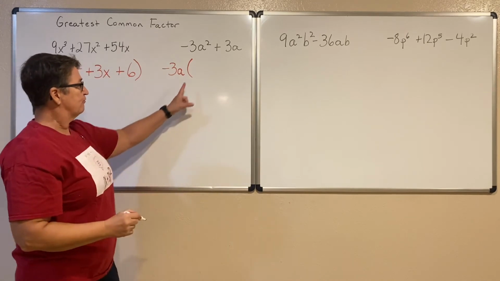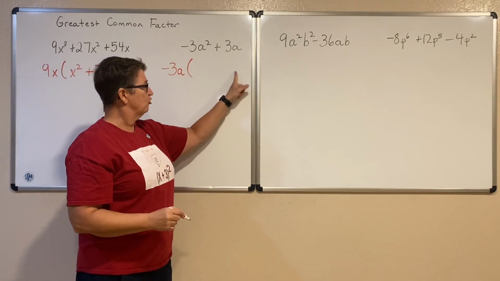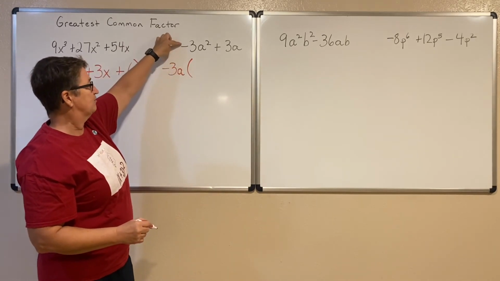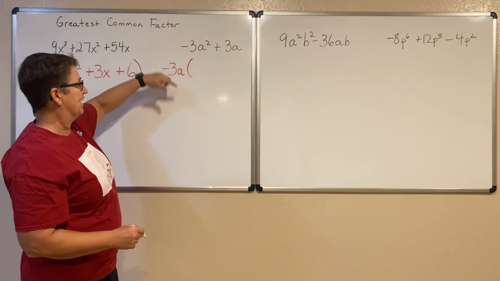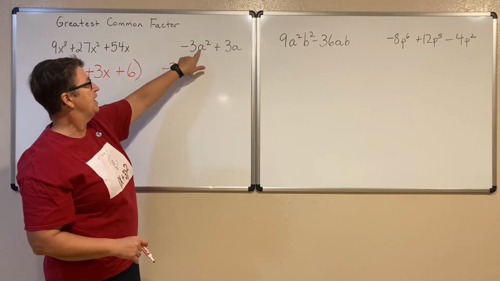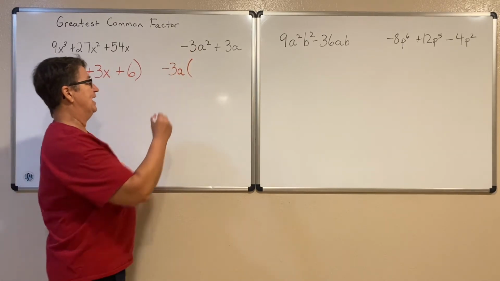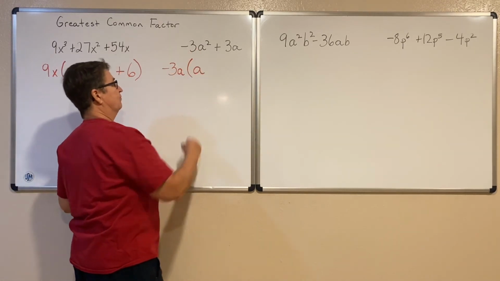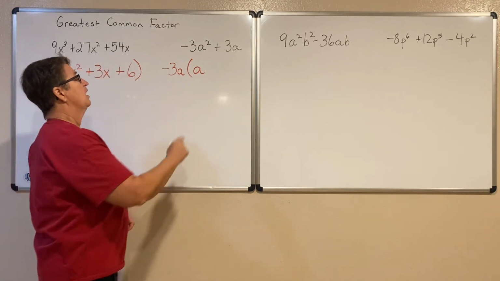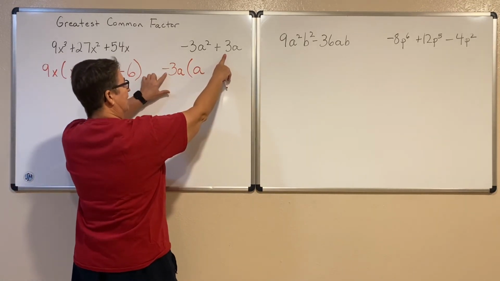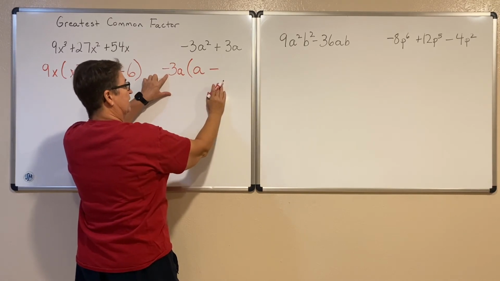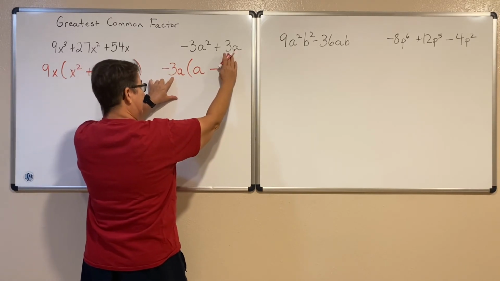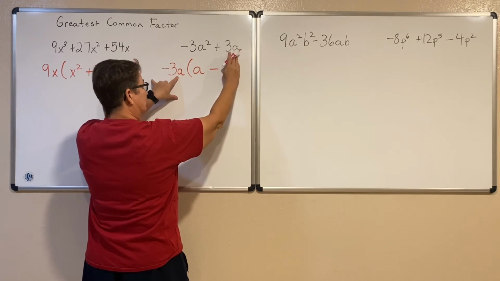Now, I need to look for my other factor. What am I multiplying by that's going to give me back my product? So I do this division. Negative 3 divided by negative 3 is a positive 1. a squared divided by a is just a. A positive 3 divided by a negative 3 makes that a negative, and then negative 1, and a divided by a is 1.